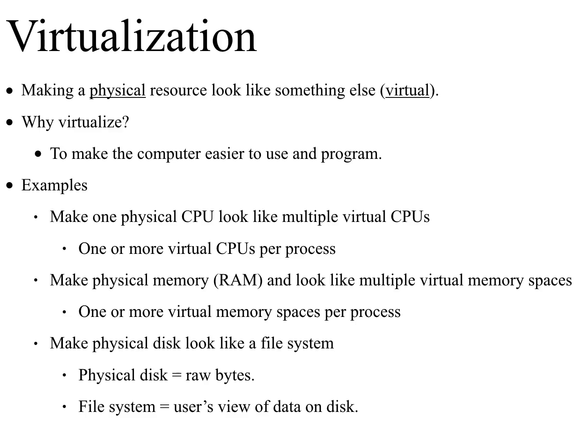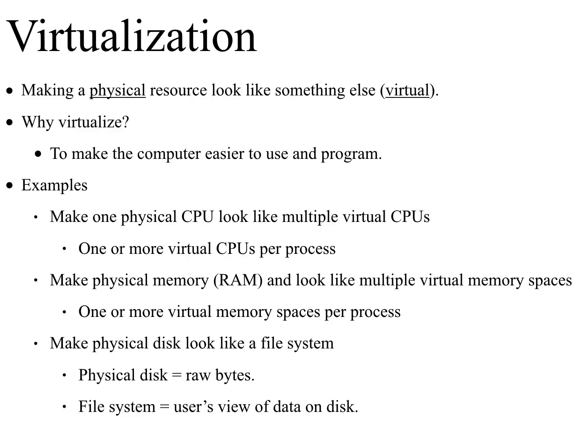One of the primary jobs of an OS is to make the computer system easier to use for ordinary users, and also easier to program for developers. What virtualization means is to take any physical resource in a computer system and make it look like something else, or provide a virtual view of that physical resource.